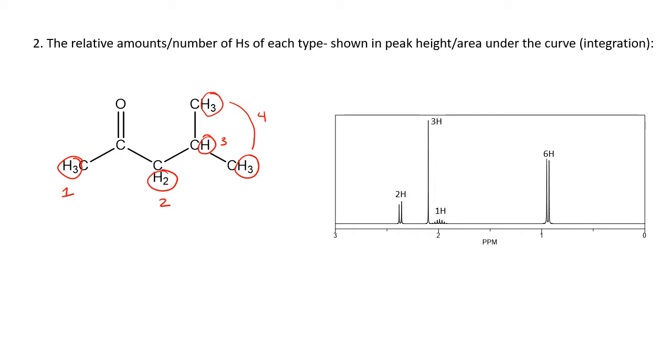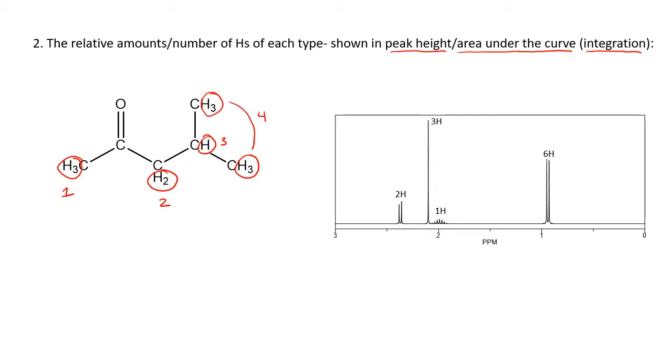This is shown in the peak height or the area under the curve, which is also known as the integration. Now thankfully for us, most of the NMR processing software will do all of this calculation for you. It'll actually measure the area under the curve and tell you how many hydrogens correspond to those particular peaks.